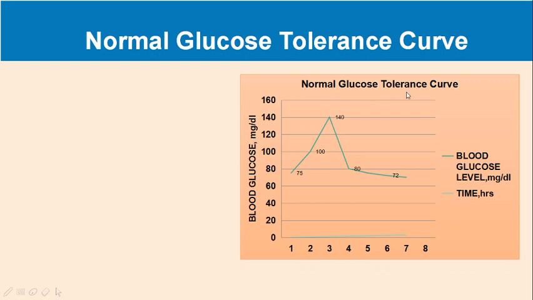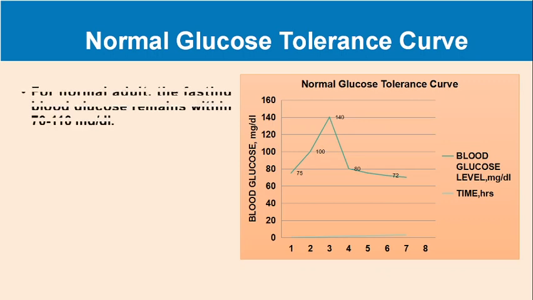We can have three types of curves: normal glucose tolerance curve, impaired glucose tolerance curve, and diabetic glucose tolerance curve. In the normal glucose tolerance curve, the fasting blood glucose will remain within the normal reference range, that is 70 to 110 milligram per dl.